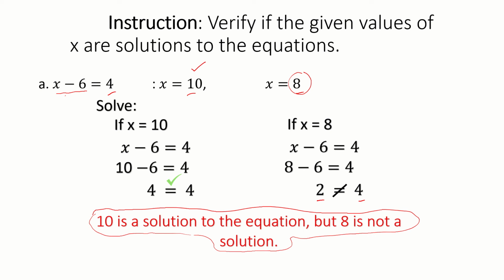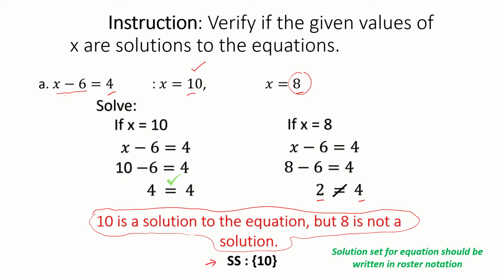So how do we write this in a short manner? We just say SS. What does SS mean? It means solution set. This word set is our lesson in module 2, if you remember, in first quarter. So this is a set of solutions, solutions that will make the equation a true statement.